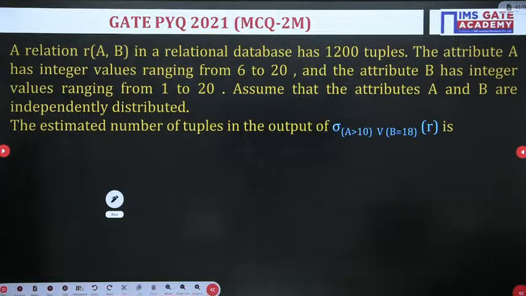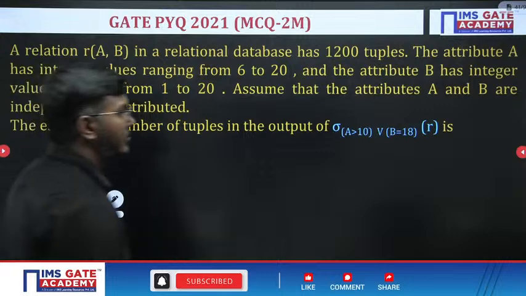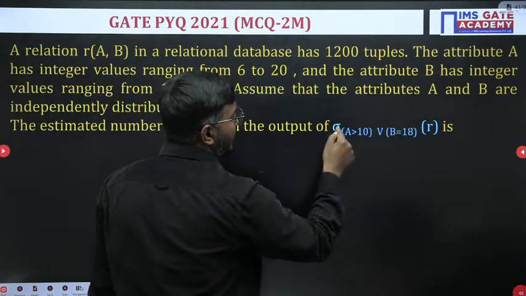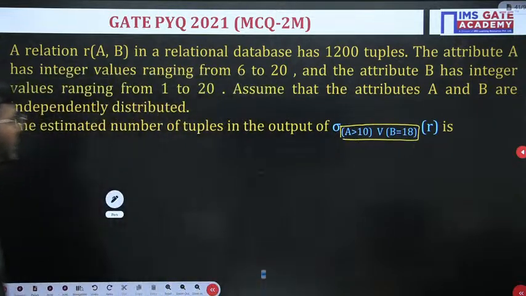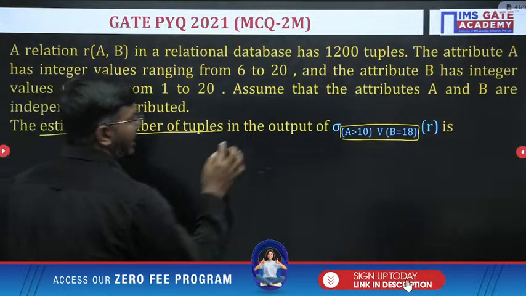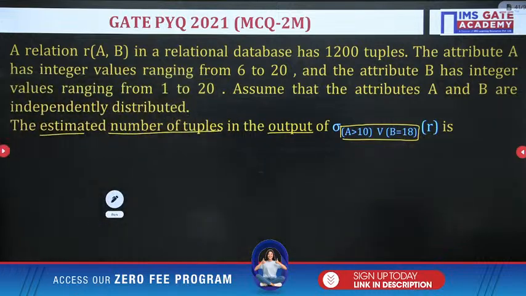It is only based on the selection operator. We are given one relation, and we have one selection operator with some condition, and the question is the estimated number of tuples in the output of this RA expression. Quickly try.